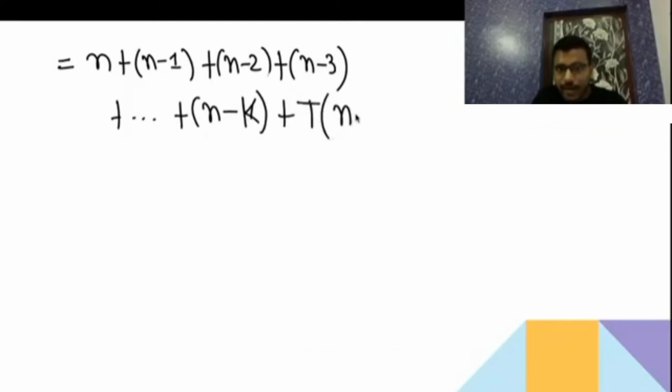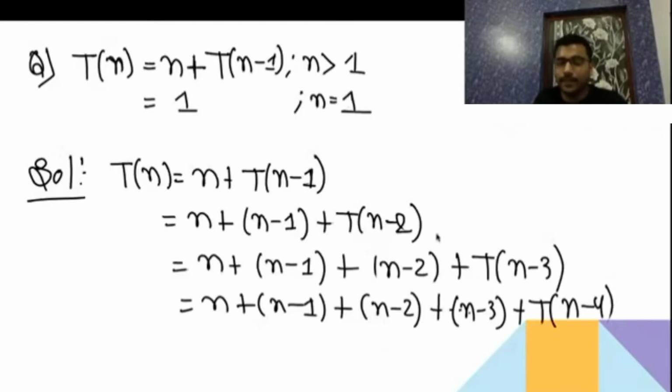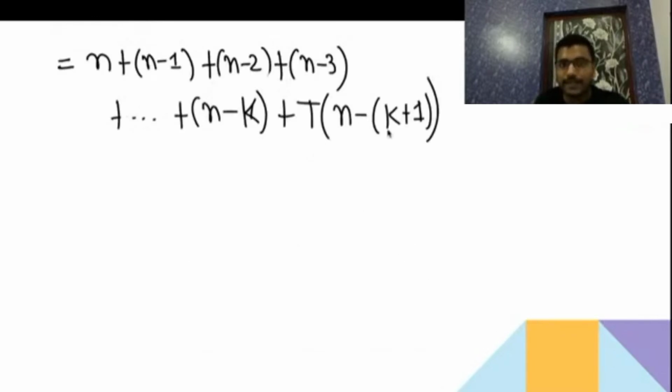So it will be n, then n minus 1, then n minus 2, then n minus 3, like this it will go till n minus k. When it is n minus k, then T will be n minus k plus 1, one more greater. See, here is 3, then here is 4, here is 2, then here is 3, here is 1, then here is 2. One greater: minus k plus 1.